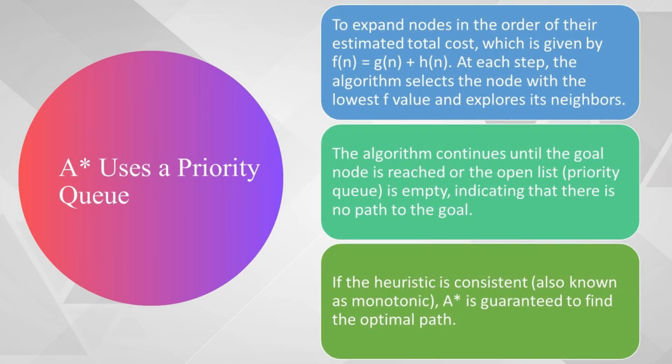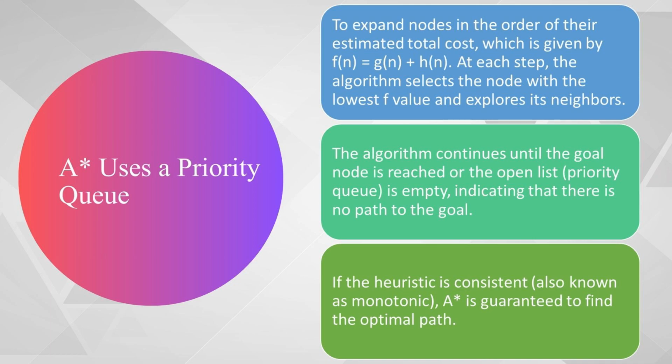A star uses a priority queue, often implemented as a min heap, to expand nodes in the order of their estimated total cost, which is given by f(n) = g(n) + h(n). At each step, the algorithm selects the node with the lowest f value and explores its neighbors.